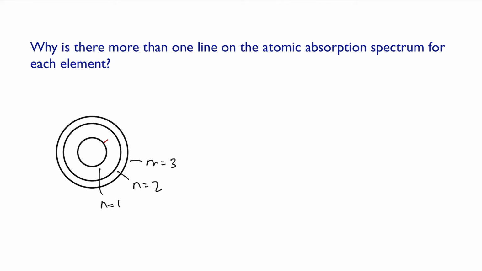Then I could have electrons transitioning from n equals 1 to n equals 2, or n equals 1 to n equals 3, for example. In each case, you can see there that the delta E is different, and so the frequency of visible light that's absorbed in order to promote the electrons from the lower level to the higher level is going to be different, and each one is going to absorb a different frequency of light. We're going to get a different black line on our coloured background in terms of our spectrum.